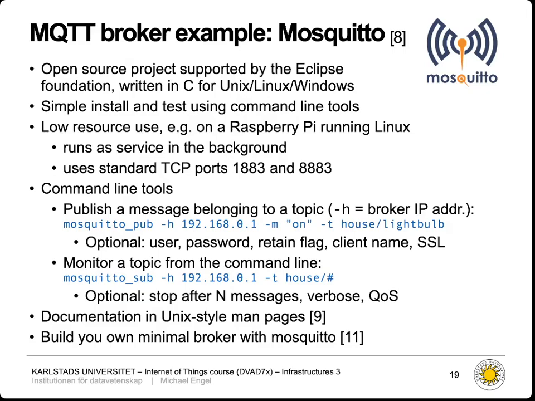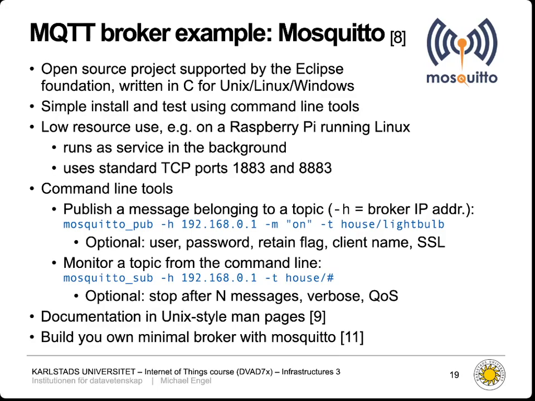And then we want to send a message called on, indicated by -m, with the topic indicated by -t, house/lightbulb. So obviously we want to switch a light bulb in the house on. You can also send optional information, like you can do things password protected, so you can require users and passwords. We can have the retain flag. We can send client names and even do encryption of messages using SSL protocols.